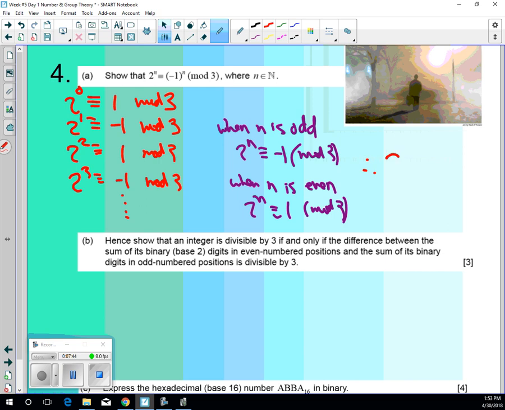Therefore, 2 to the n is congruent to negative 1 to the n mod 3.